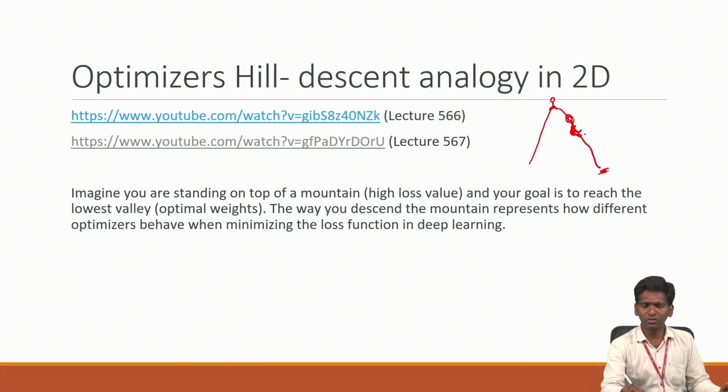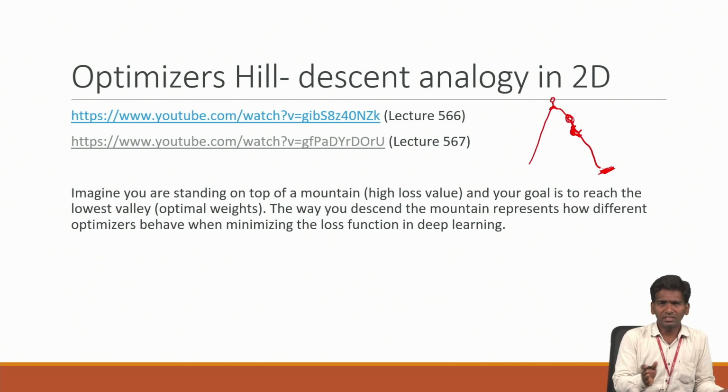On the whole, there may be some obstacles while you are reaching the bottom of the hill. Depending upon the surface, you need to change your acceleration and your footsteps and travel. In contrast to this, let us study this optimization technique.